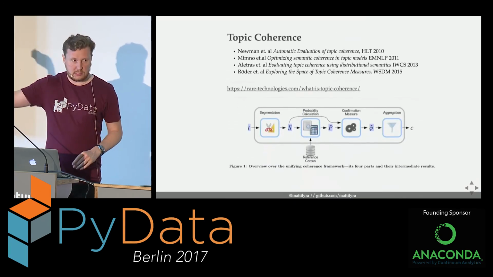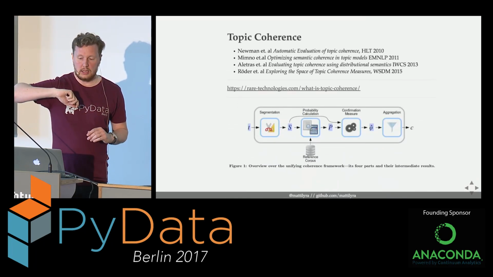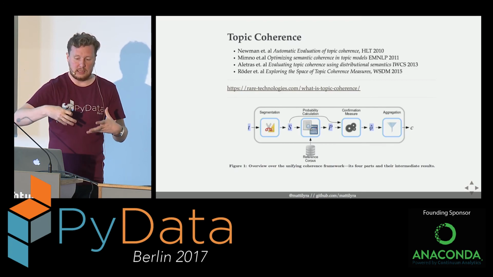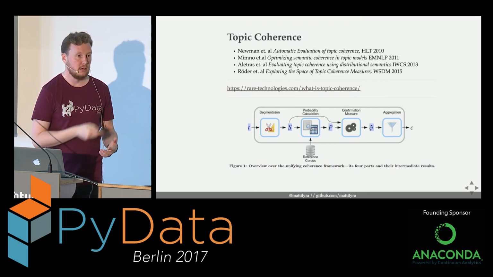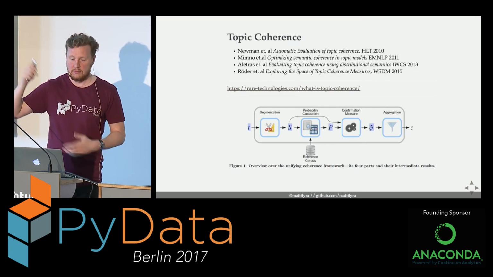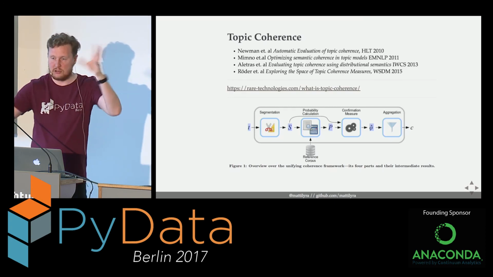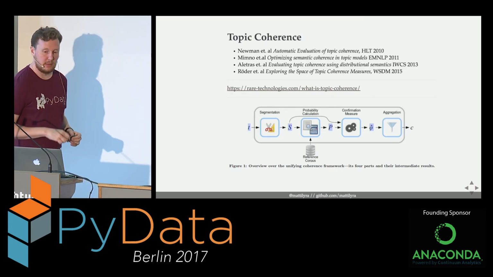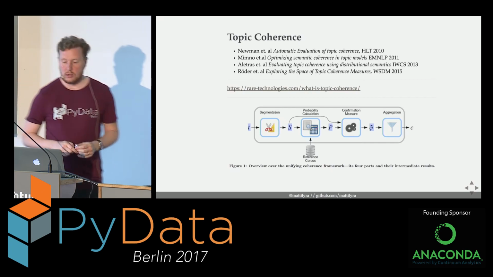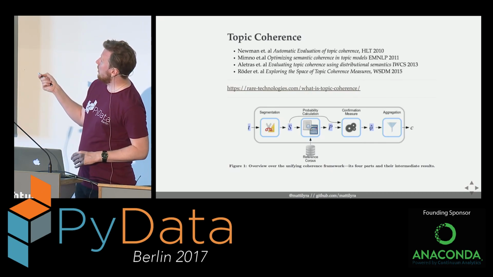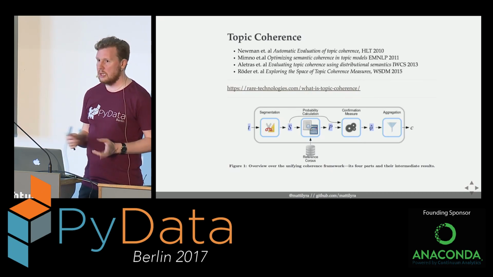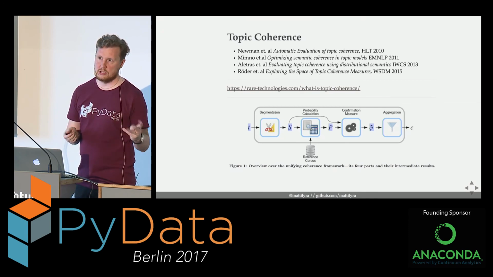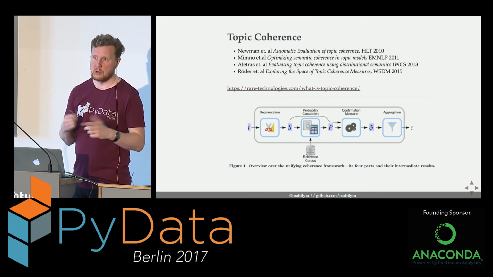So this research has encapsulated the various different ways of measuring that confirmation, the metric that I just showed. This is the last paper, Röder et al. This is actually implemented partially in Gensim. Not all of the metrics are available there, but most of them are.